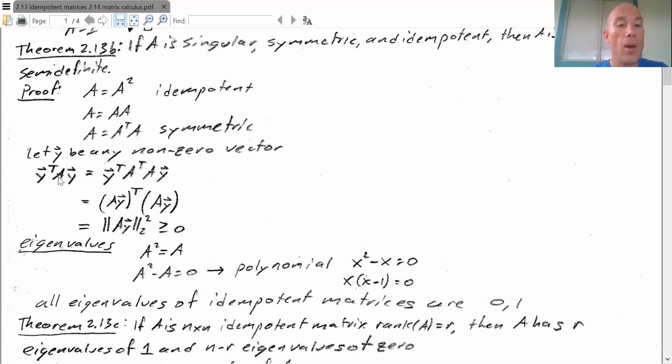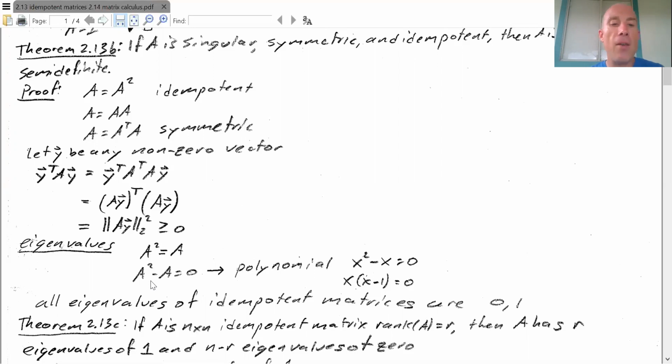Now let's think about the eigenvalues of idempotent matrices. If I take A squared equal to A, then I can subtract A from both sides. There's some stuff I'm skipping to make this a complete proof, but this is close enough for us.